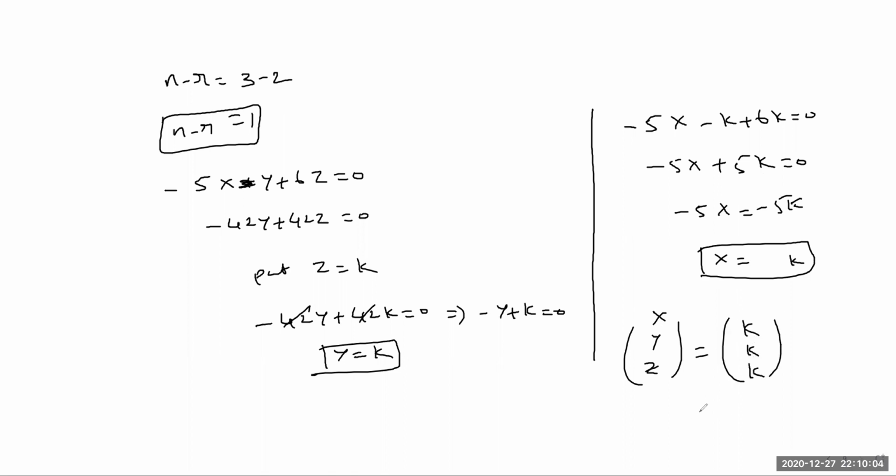Taking k common, we get 1, 1, 1, the eigenvector corresponding to lambda equal to 9. That's a simple problem, so don't make simple mistakes.